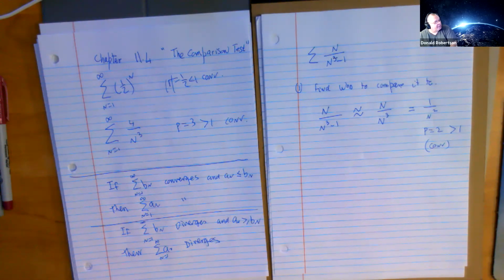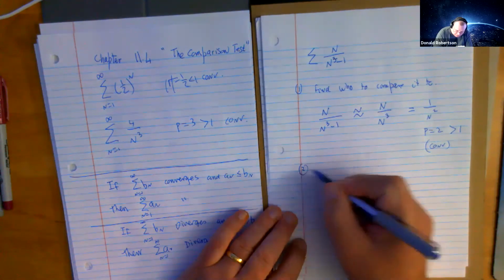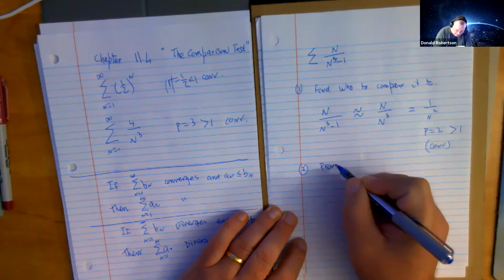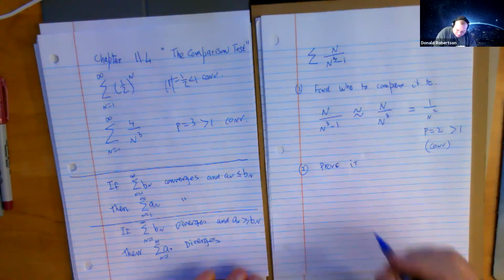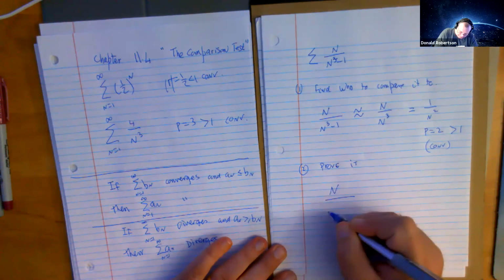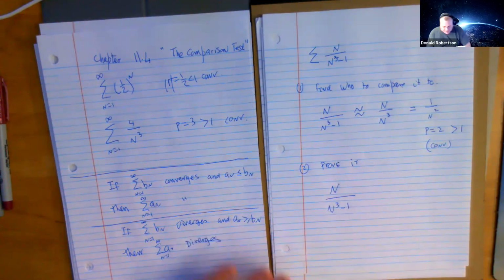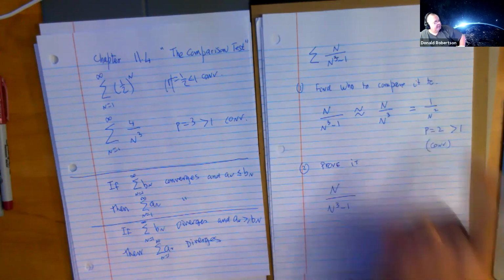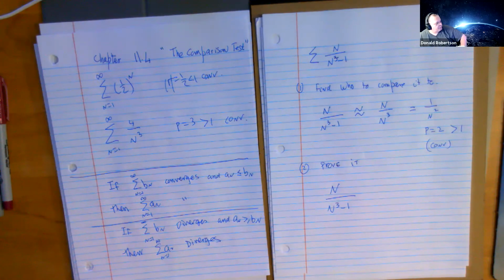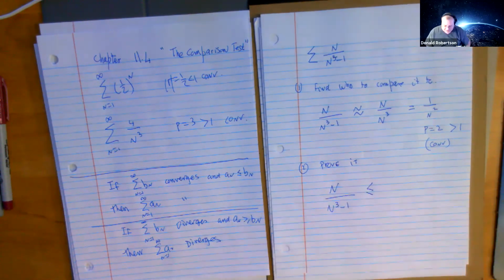It's not the same as proving that it converges. They are different. So step 2, prove it. Well, let's see how that's going to work. Doesn't this guy have to be less than a version of this guy? Agree? So I have to be going like this.